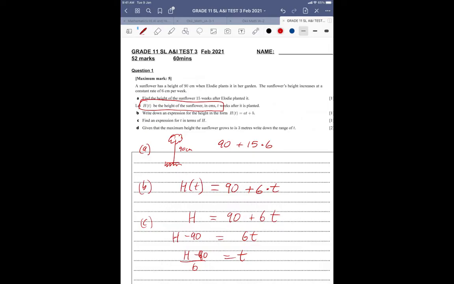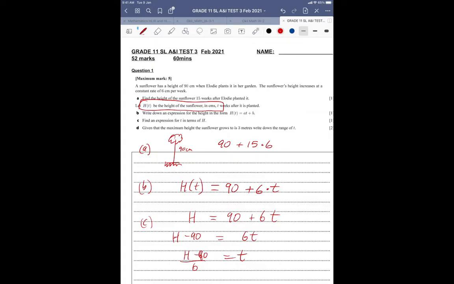And as everyone knows, right, 3 meters is 3,000 centimeters. No, it's not, is it? I think half the people in here put 3,000 centimeters. Now, that's one big sunflower. That's a 30-meter tall sunflower. It could get that high, but it's not, all right? So we've got to be careful with units here.